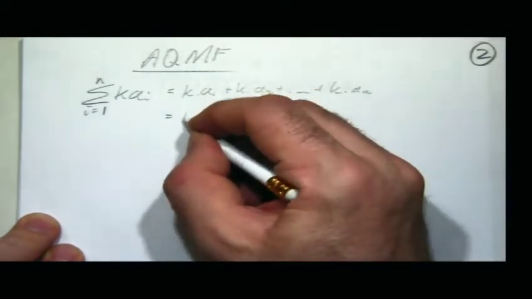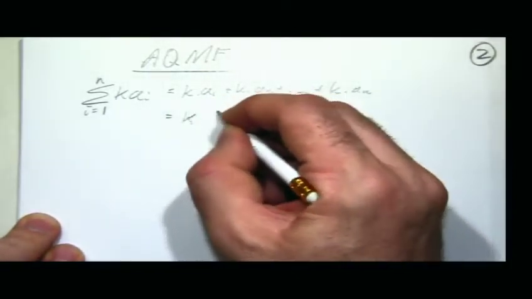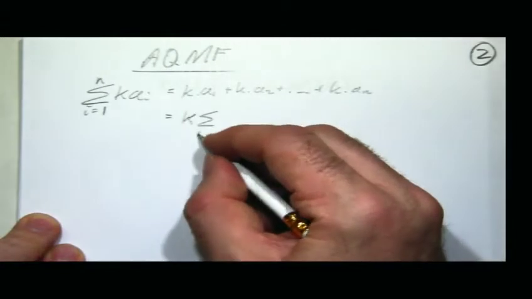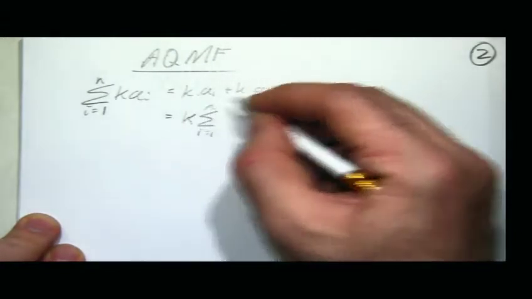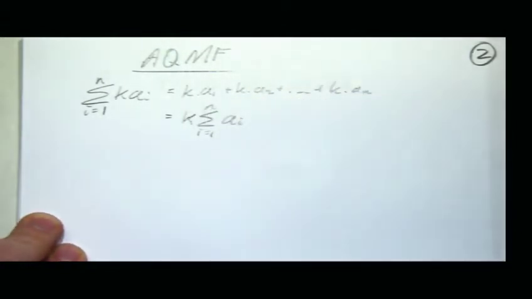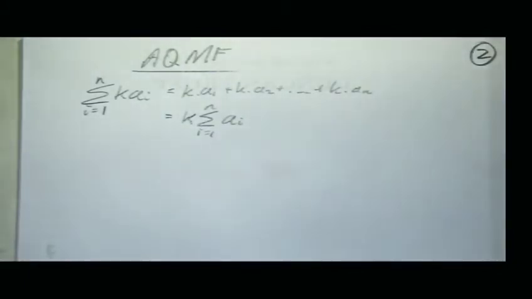What that means is I can take that k out as a common factor, and I'd write that sum as the sum from i equals 1 to n of ai. So if I have a constant multiple of the thing inside, I can take it outside the summation, like I showed you just before.